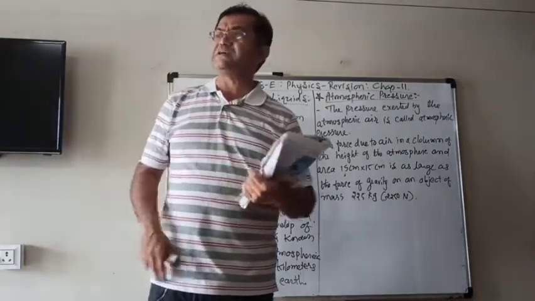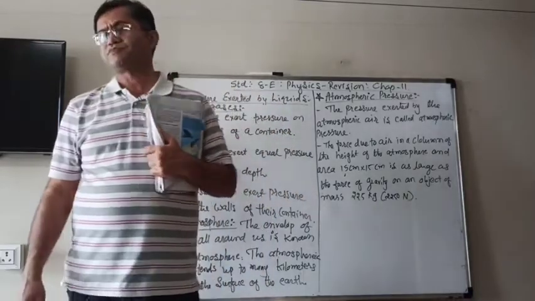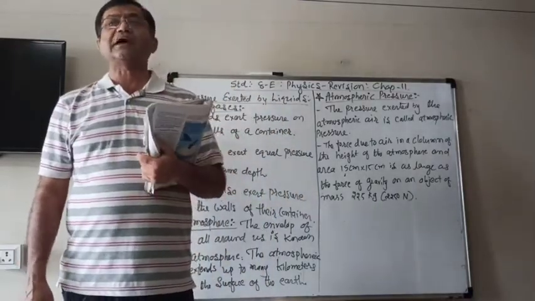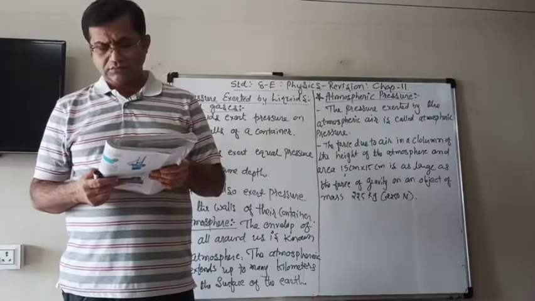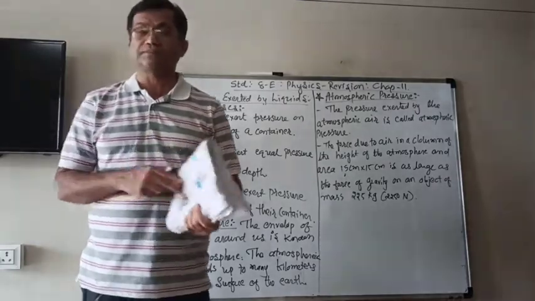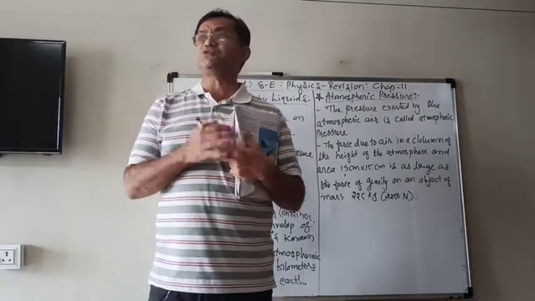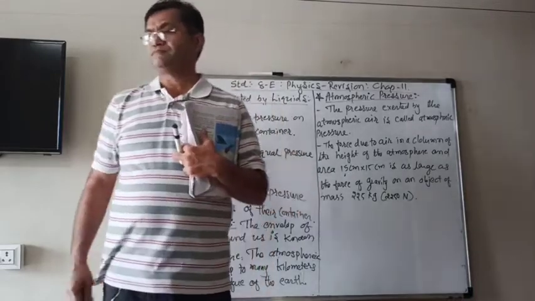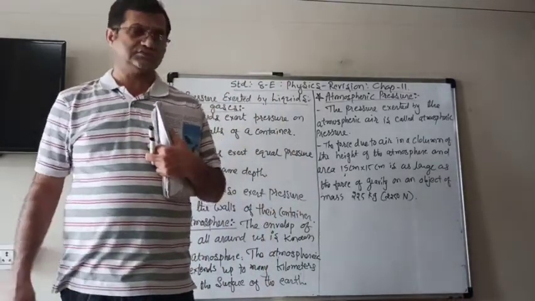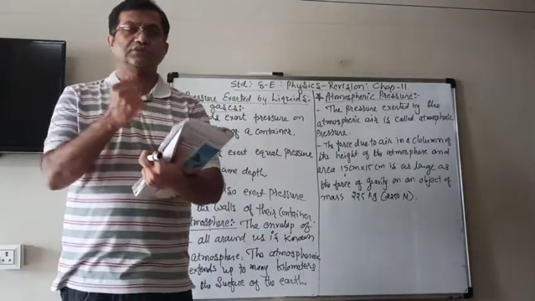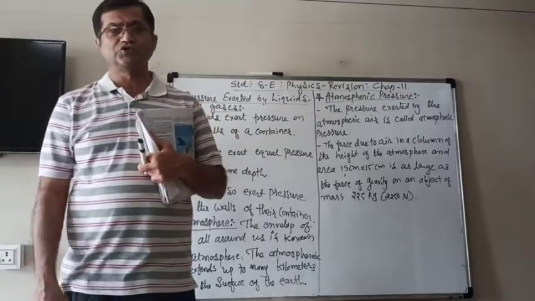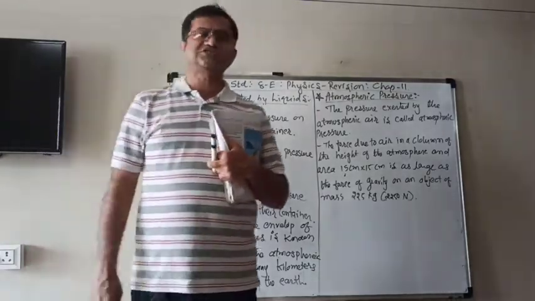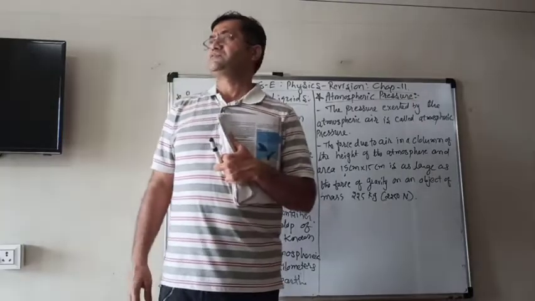If you want to understand atmospheric pressure, you can take a rubber sucker. Sometimes you use that rubber sucker in the toilet when the pipes are choked up due to dust and things inside.